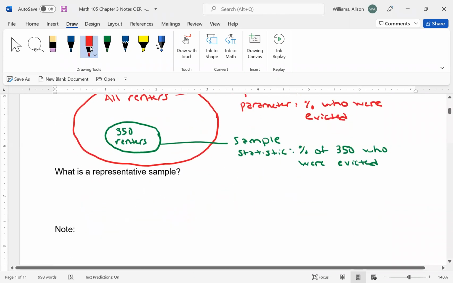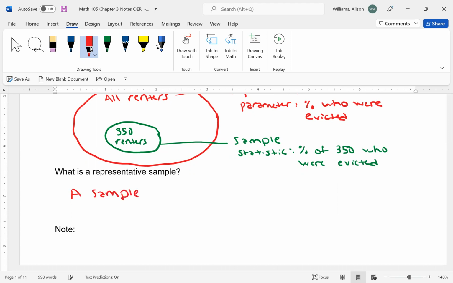Okay, so a representative sample is a sample that represents characteristics of the population. And I'm going to go ahead and put the phrase represents important characteristics of the population.